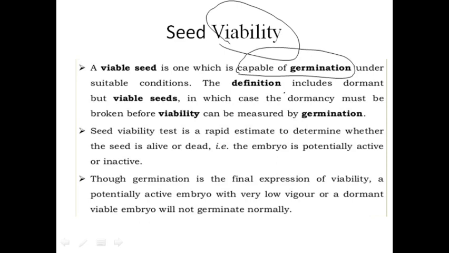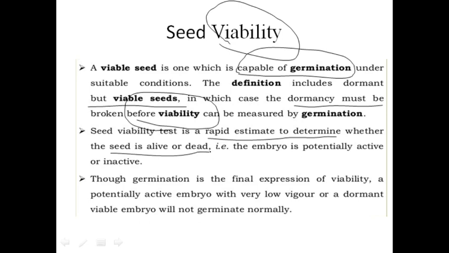It includes dormant but viable seeds, in which case dormancy must be broken before viability can be measured by germination. This is a rapid estimate to determine whether the seed is alive or dead. Then what is meant by alive or dead? It means the embryo is potentially active or inactive.